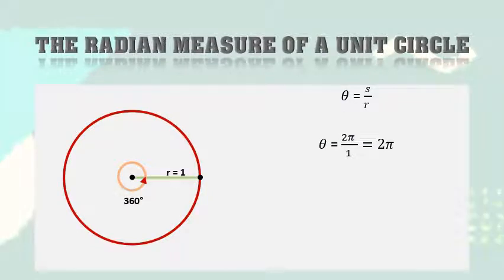And we know that in the unit circle, we only have a radius of 1 unit. So theta, the angle of this unit circle, is equal to 2 pi over 1, therefore theta is equal to 2 pi.